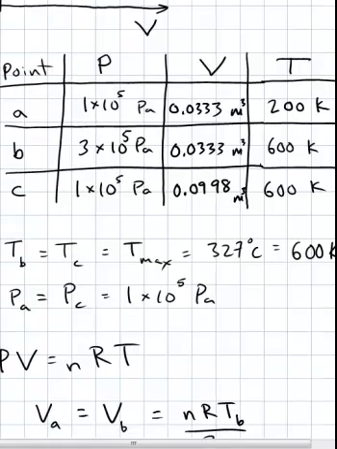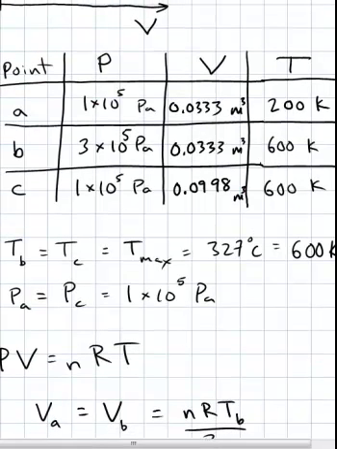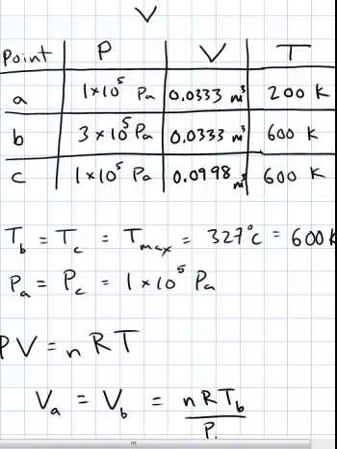Pascals for pressure, Kelvin for temperature. Okay, so that's the first thing I like to do, figure out what's happening at those points that we're moving between, point A, point B, point C. Pressure, volume, temperature. Hopefully we have an ideal gas, because that enables us to use the ideal gas law and figure out the missing information.